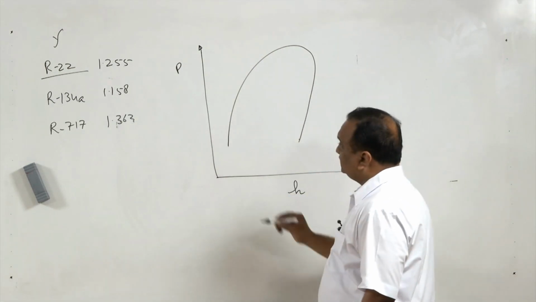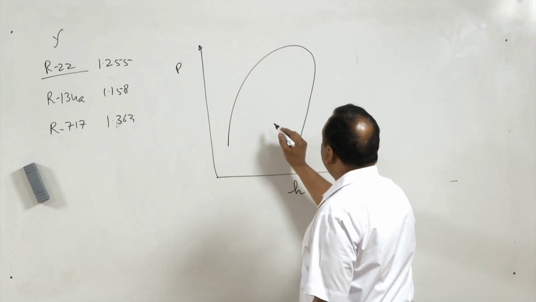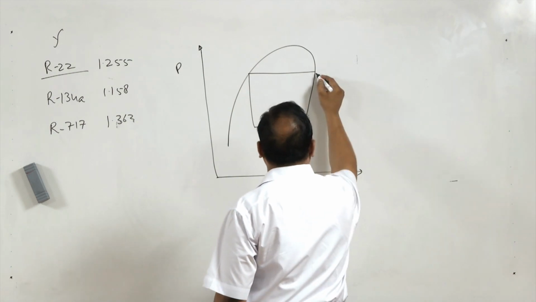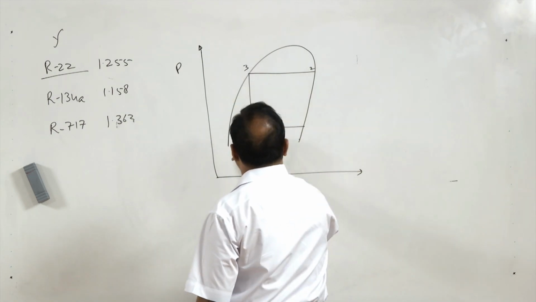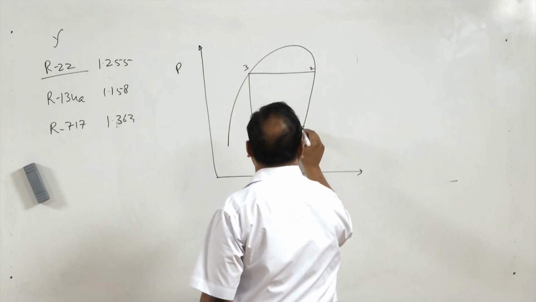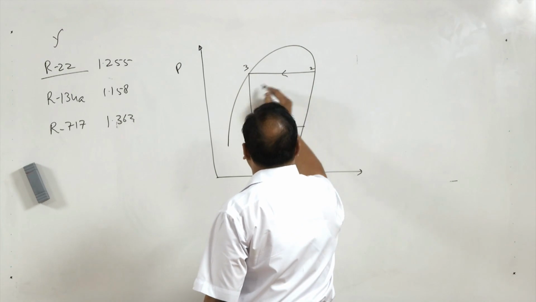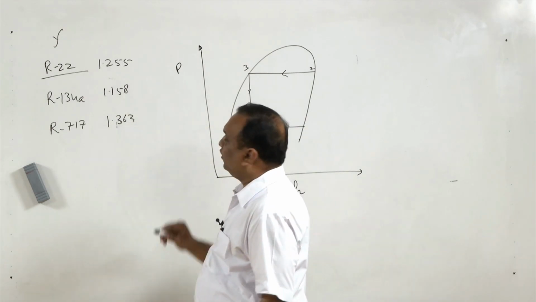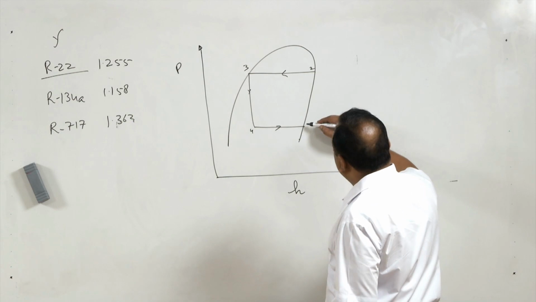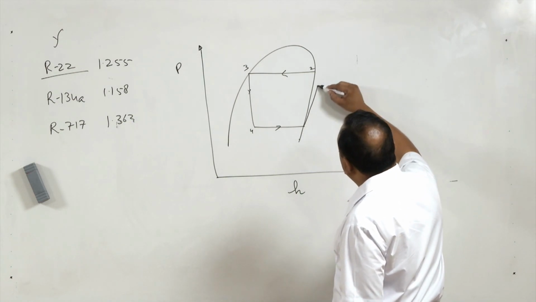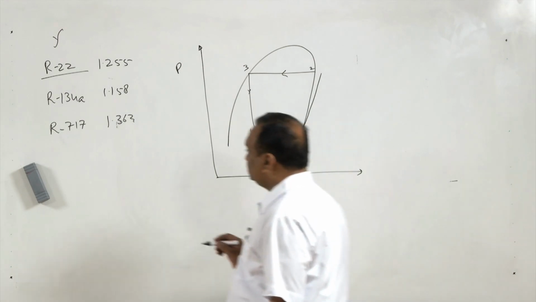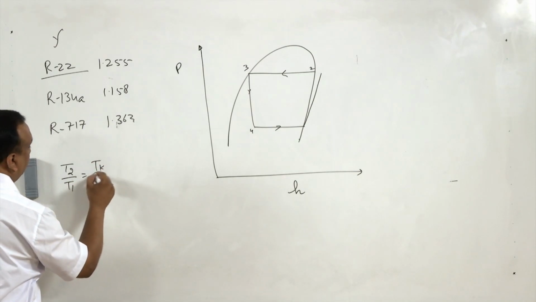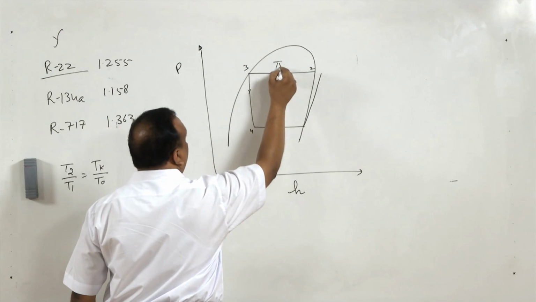Now, if you look at these figures, then we can easily find that during a simple cycle 1, 2, 3, 4, when the compression is taking place and we are taking R134A as the working substance, then the constant entropy line is going to be close to the saturation line, because T2 by T1, or here Tk by To, we can take this Tk or To.